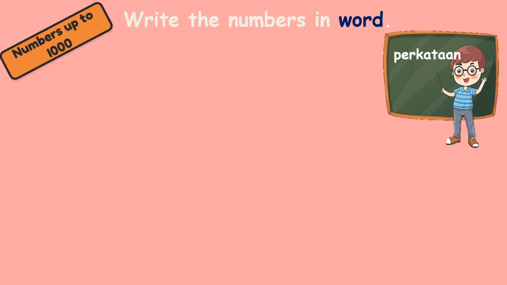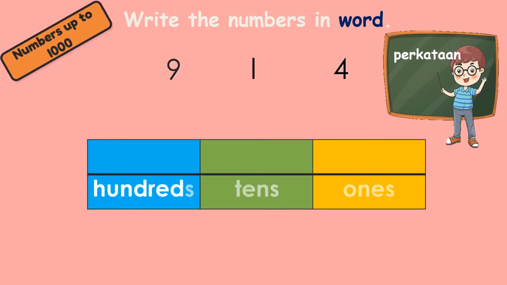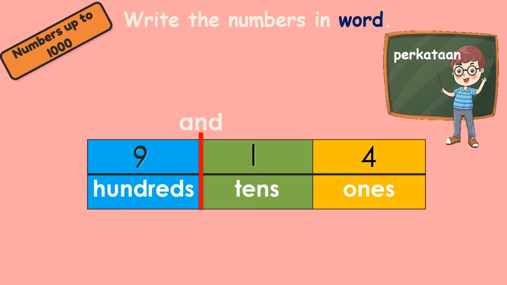Next example. Look at the number 9, 1, and 4. Let's use place value chart. We write n between hundreds and tens. Now, let's place each digit of the numbers in the place value chart. How to read this number?